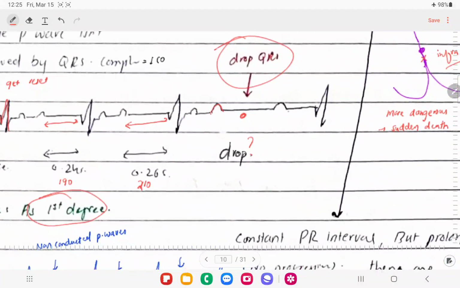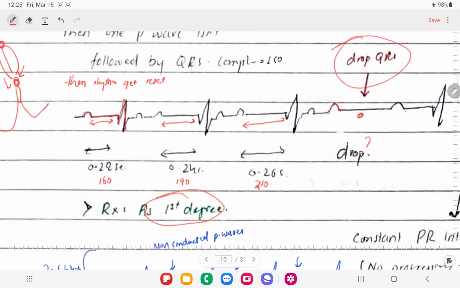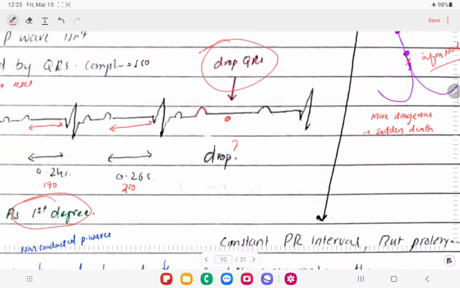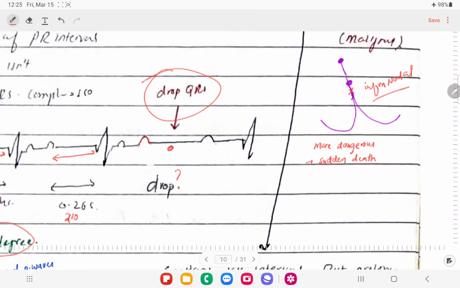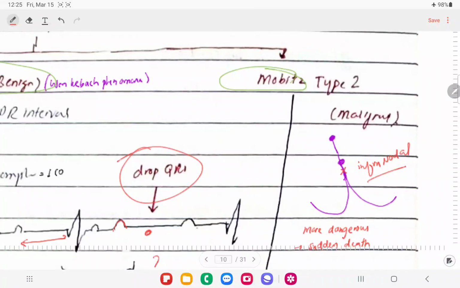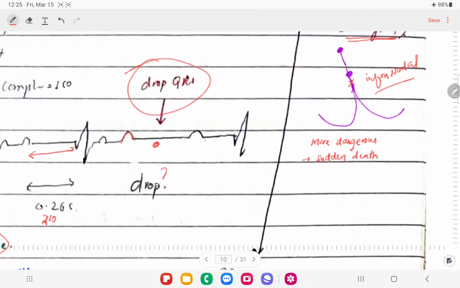So we see progressive prolongation of the PR interval until a P wave is not followed by a QRS complex. The next condition is Mobitz type 2 heart block. It is more malignant, because there is a sudden halt in activity.